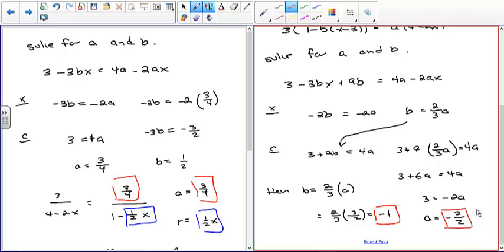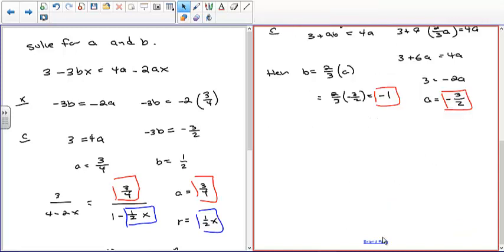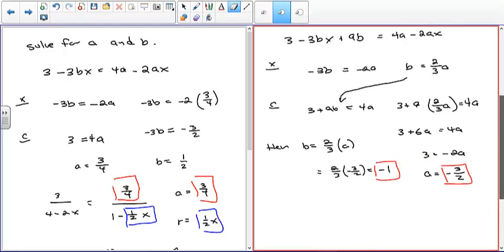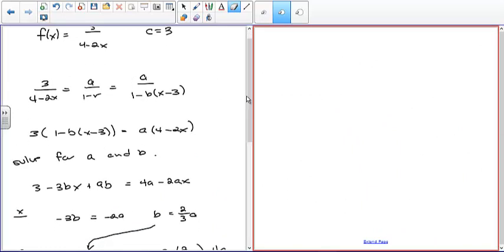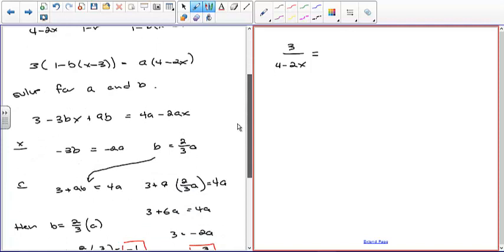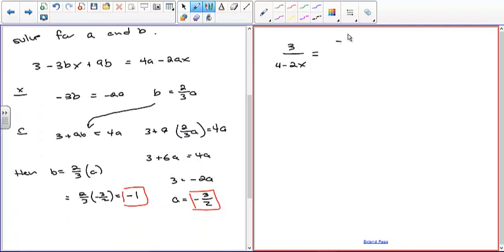So now what we can do is go back and rewrite. Let me go up here, add a page. We're taking this part, so we have 3 over 4 minus 2x is equal to A, which is negative 3 halves, and B is negative 1.